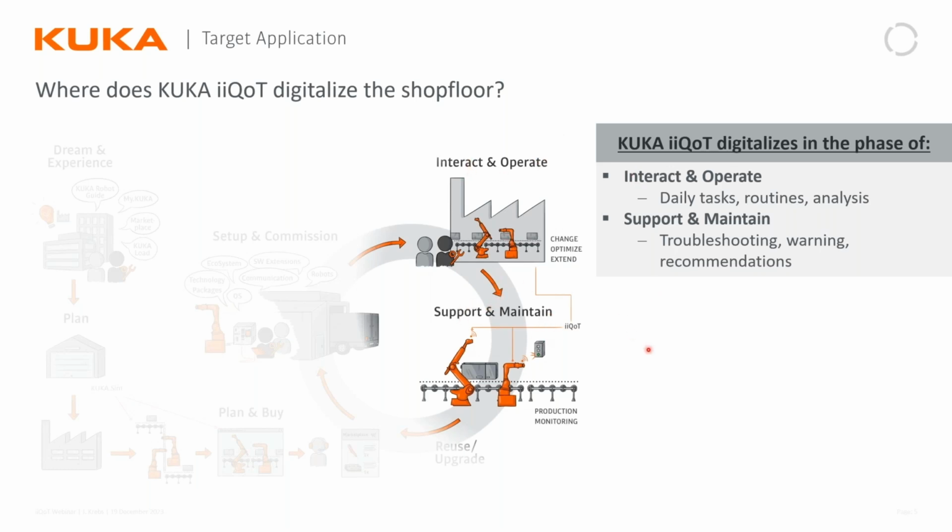Interact and operate are daily tasks, whatever you have to do on these robots. Support and maintain, of course, is troubleshooting, maintenance, recommendations, and so on. What I want to highlight here is that both of these phases are the longest phases in a robot automated production. And that's why iiQoT, working in these two phases, creates such a huge benefit and impact.